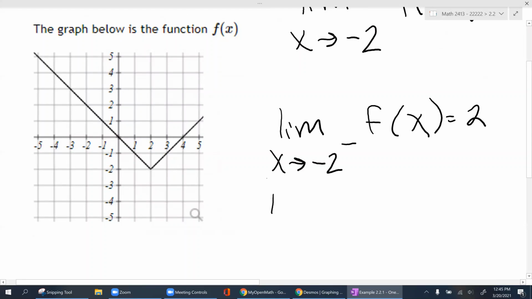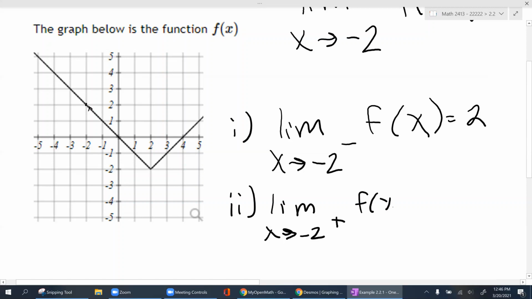Now I'm going to find the limit as x approaches -2 from the right side. If I'm approaching it from the right side, it's right here. I'm getting closer and closer to that, and guess what? That is also 2.